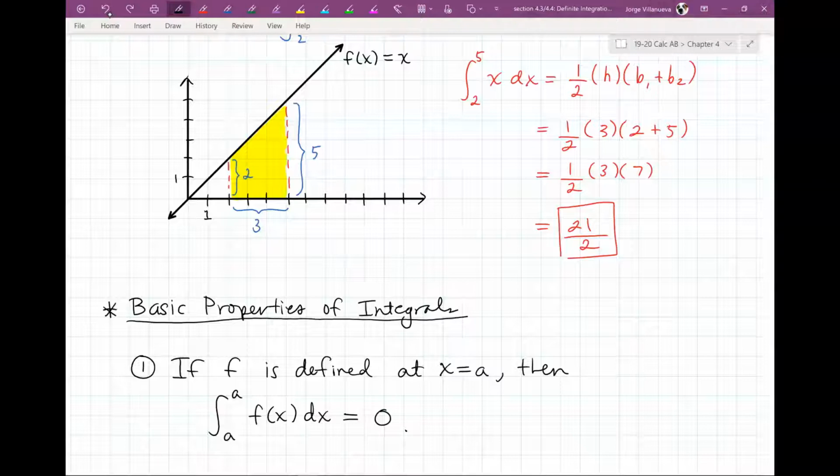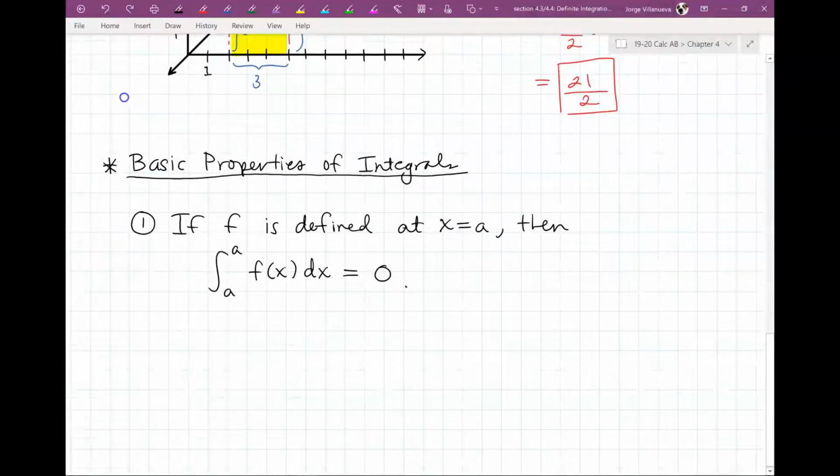There's no width to it. There might be a height, but there's no width. So when you're trying to find b times h or half b times h or whatever, one of those values is 0. It's going to 0 out. So when you integrate from a to a, then you get no area.